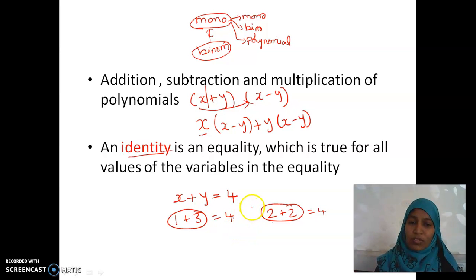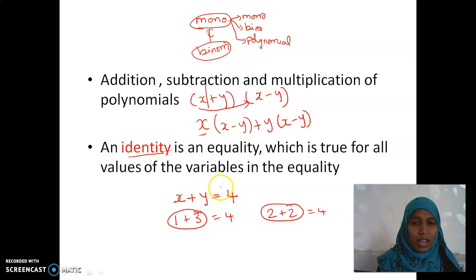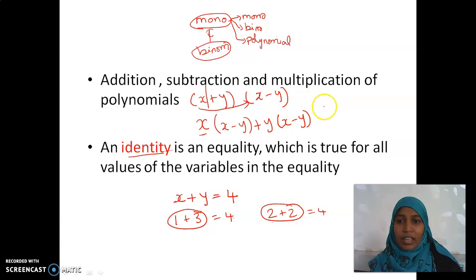You should know the difference between identity and equation. And what about formula? Hope I discussed these things in your previous class. Yes, a formula is an equality where unknowns are found using the knowns. We will have variables in a formula also, like area of circle A = πr².